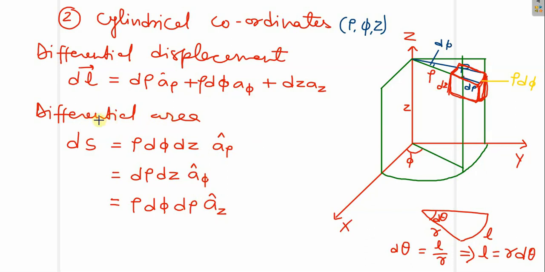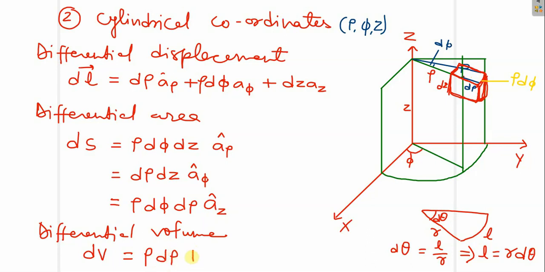So we can represent the differential area in this way, and the differential volume in cylindrical coordinates can be represented similarly. Differential volume dV equals the multiplication of this rho d phi, this dz, and this d rho. So it is rho d rho d phi dz.